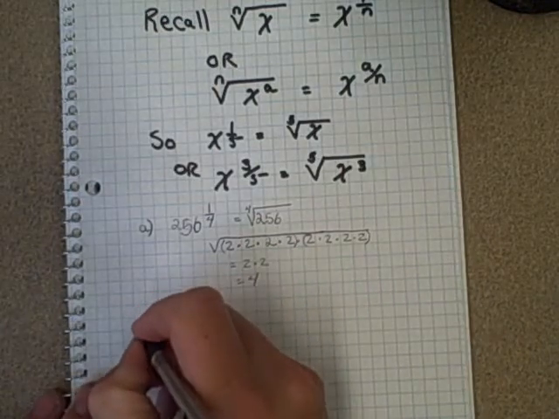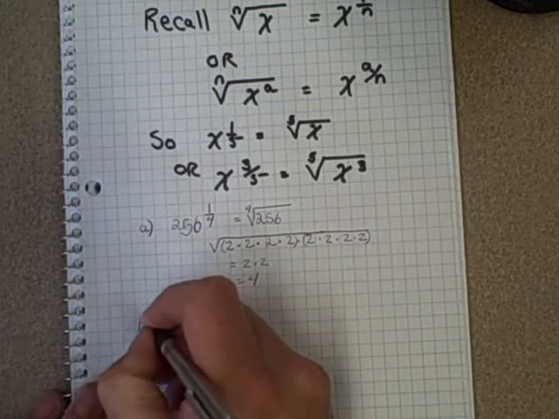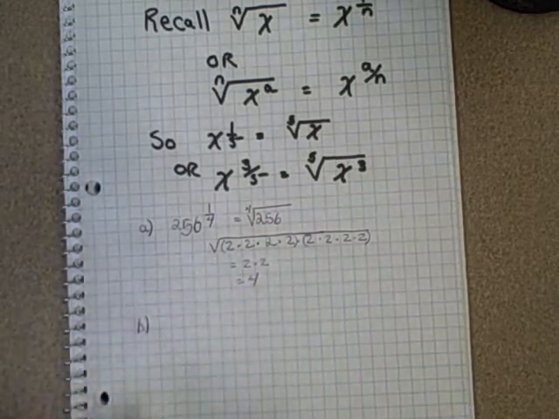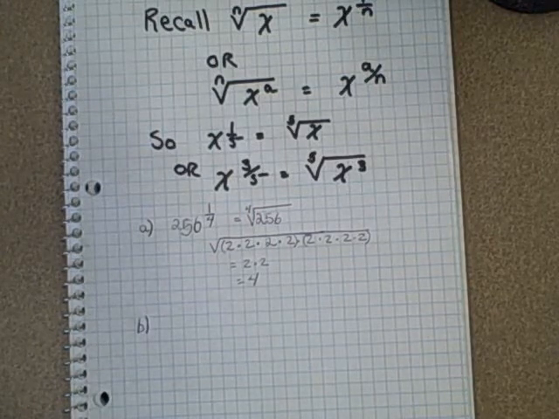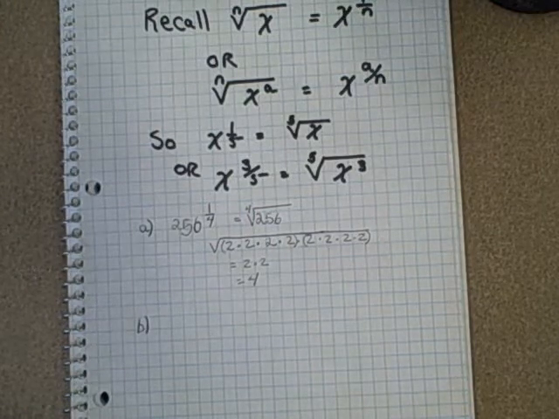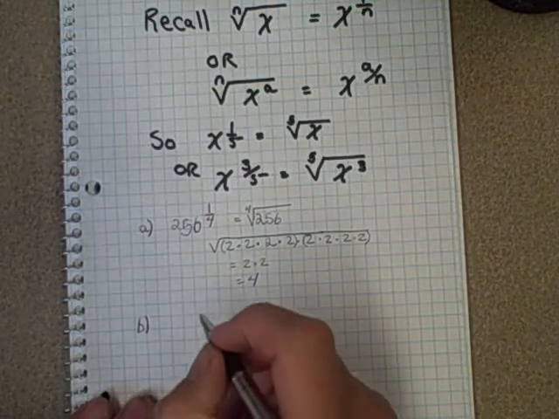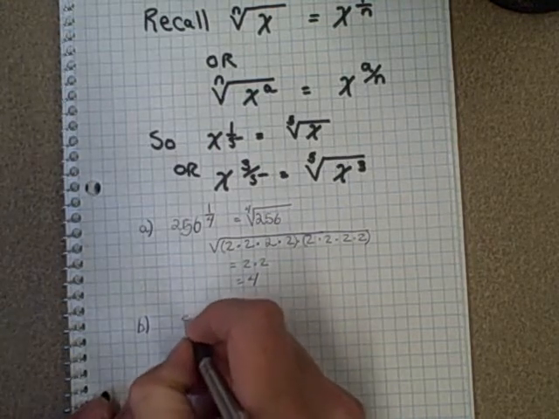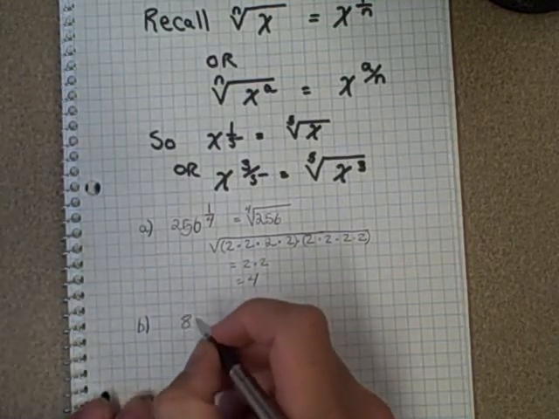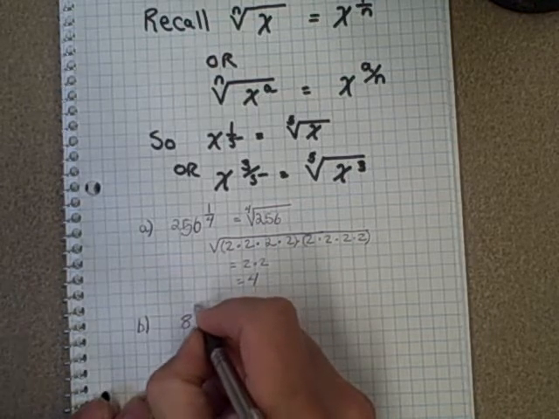So let's go to another problem, B. Let's use a rational expression in our exponent form. So let's go with 8 to the power of 2/3.